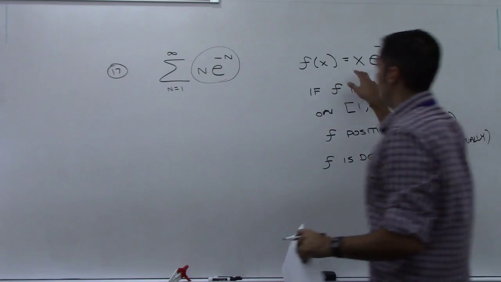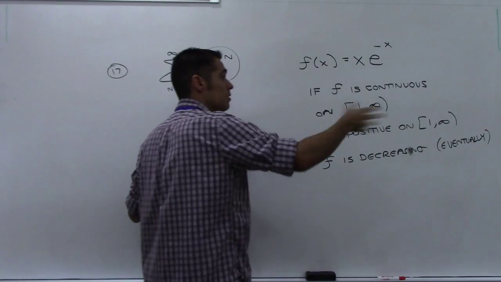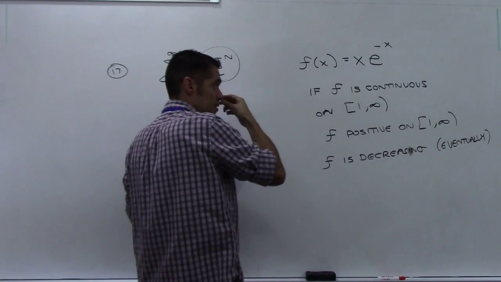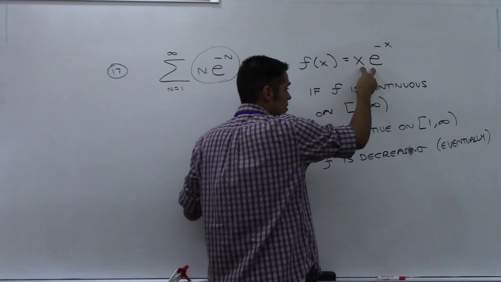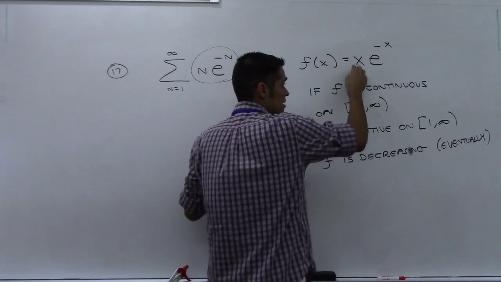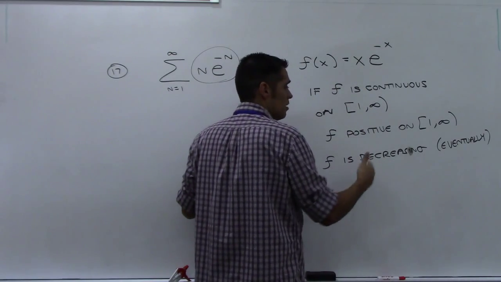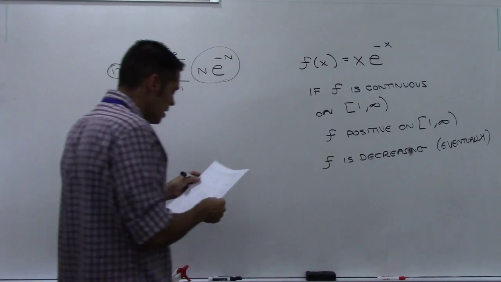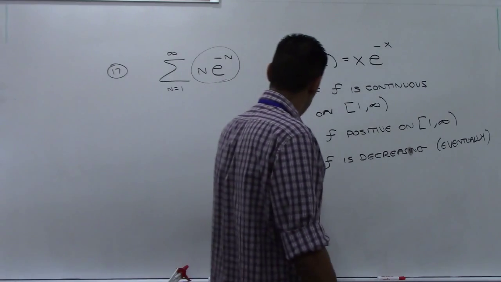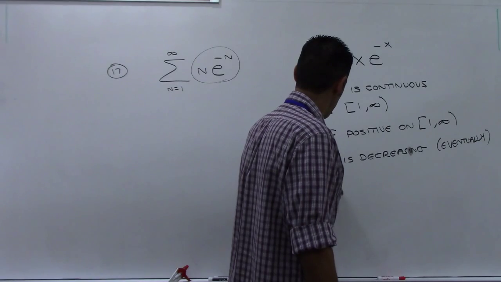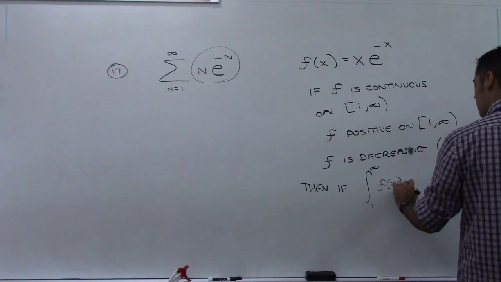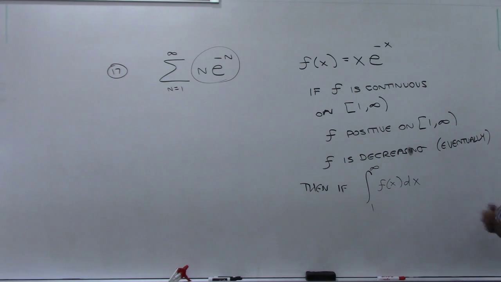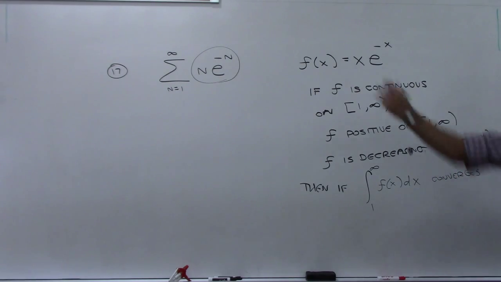so if we turn this sequence into a function of x, so on the real numbers instead of just the integers 1, 2, 3, 4, 5, then as long as that's a continuous function, and as long as it's positive, so every time we plug in an x we get a positive number, and as long as it's decreasing, it's going down, then if the integral from 1 to infinity of f of x dx converges, so does that.